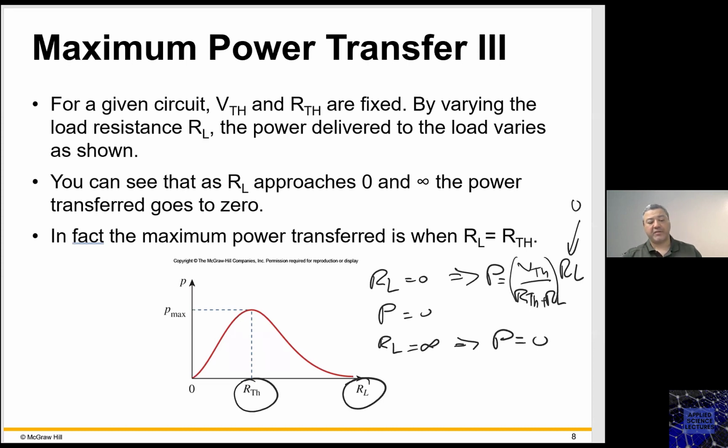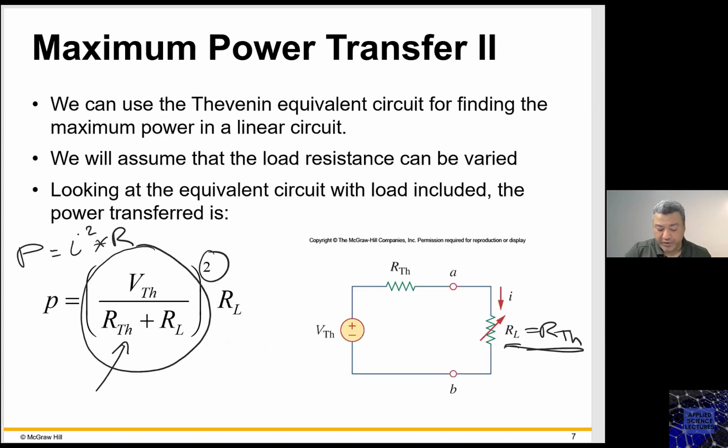If you choose this RL here to be equivalent to R Thevenin, you have a maximum power transferred to the load. Okay? Any question about that?